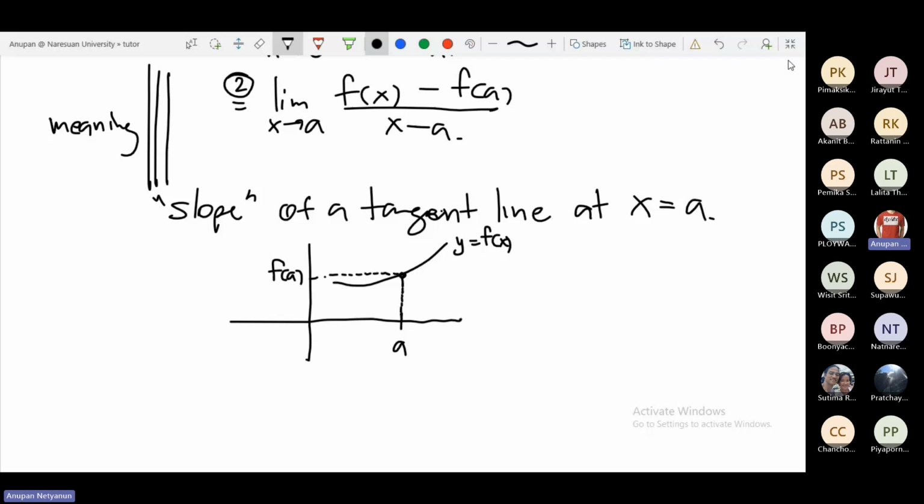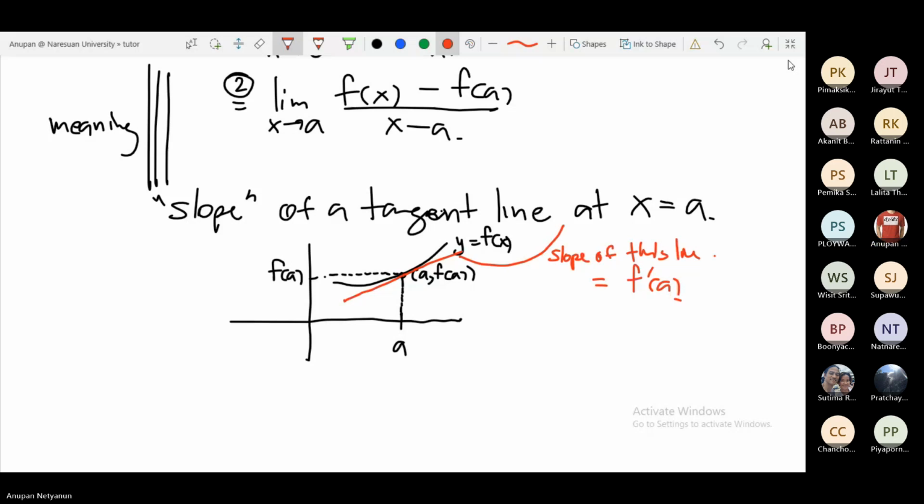So this point has the coordinates a and f of a. Okay, then you can form a tangent line at this point. And the slope of this line, which is a tangent line, is equal to f prime of a, right? That is the meaning, okay?